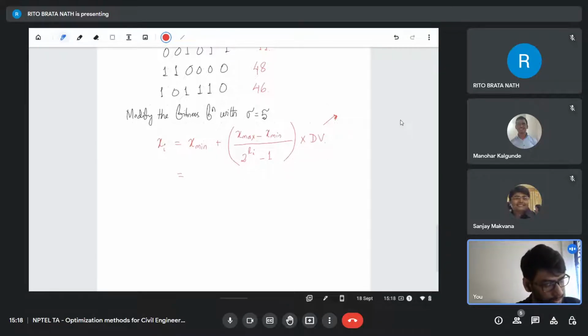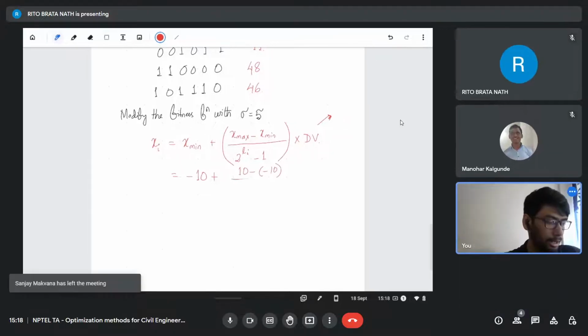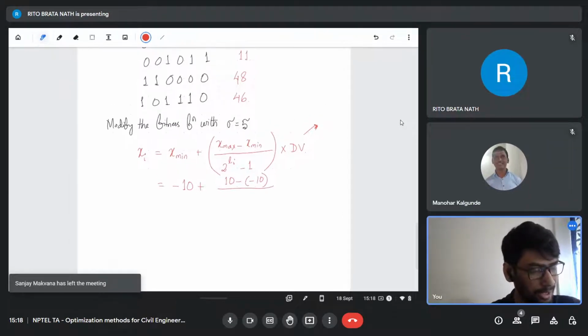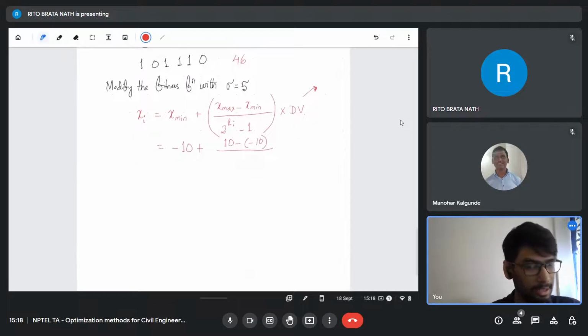This part is minus 10. This x max is nothing but 10, minus of minus 10. And since I am using 6-bit binary strings, this li is equal to 6. So this is nothing but 2 to the power 6 minus 1, then multiplied by your dv.